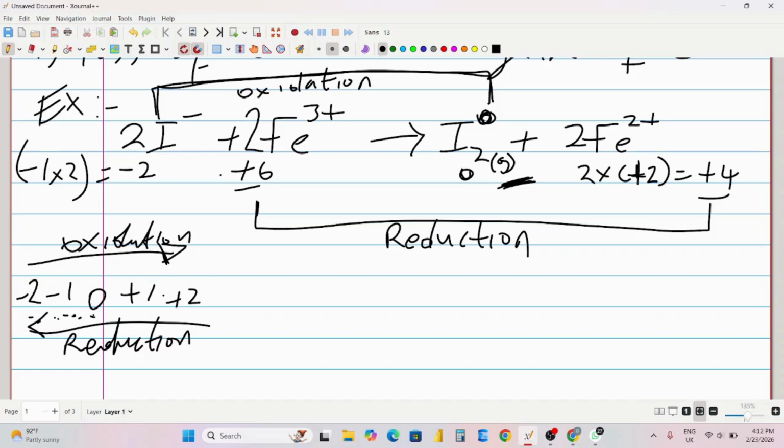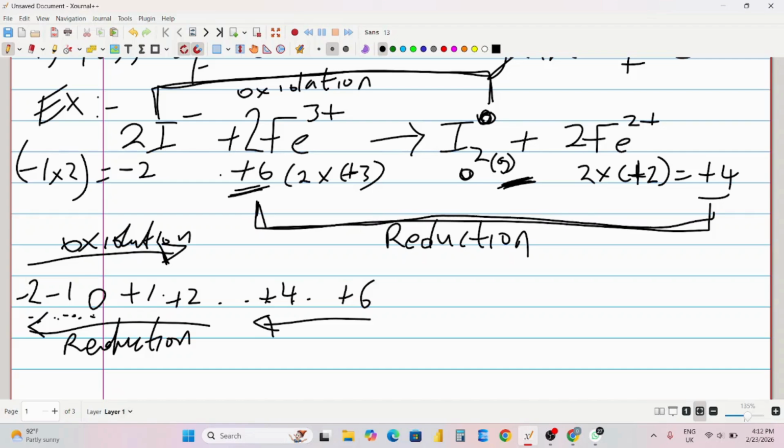Then on the other one, 2 times +3, we got +6, and if +4 is somewhere here and +6 is somewhere here, we're going this way, following the arrow of reduction. So this is how loss of electrons can help to identify the substance undergoing oxidation and the substance undergoing reduction.